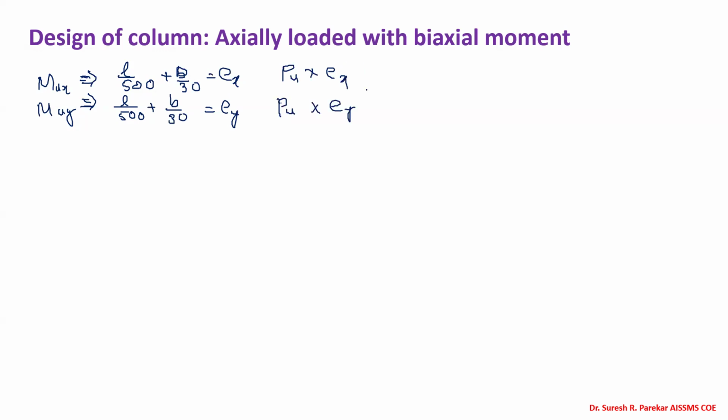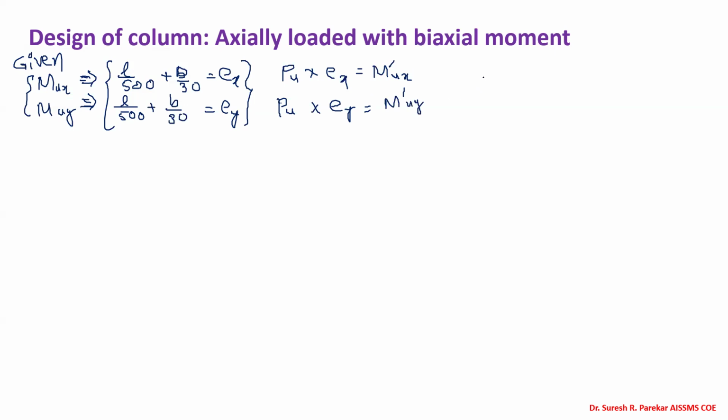If Mux and Muy are given, we find these values of eccentricity, and again get Mux and Muy, which I will write as M dash ux and M dash uy.